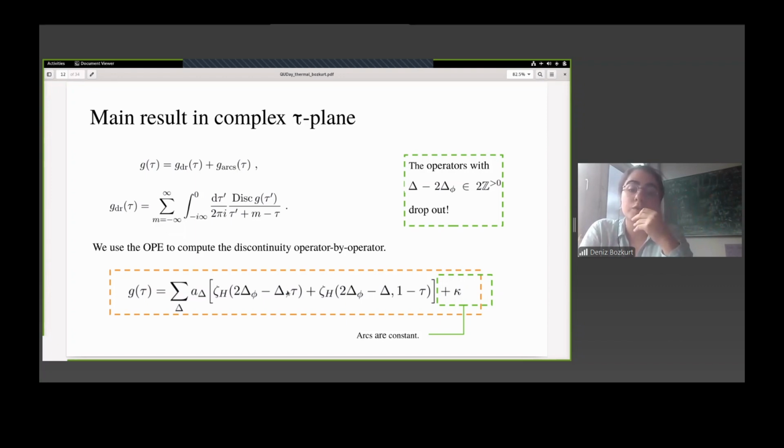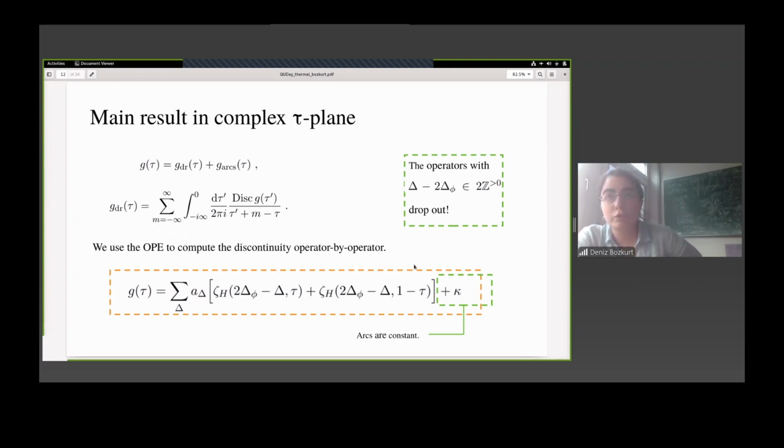And they are, of course, KMS invariant on their own. And then, okay, we should also add the arc contributions to here. So the conclusion of this discontinuity computation is the Hurwitz zeta blocks, let's say, for the operators that contribute to the discontinuity.